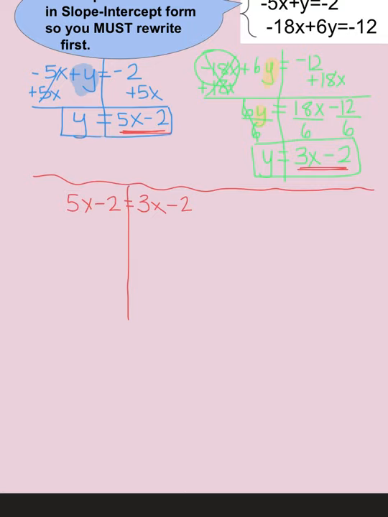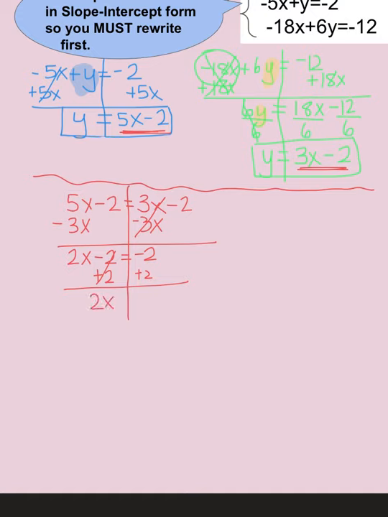All right, so I will follow my steps for equations with variables on both sides, which is move the 3x to the left, subtracting 3x, and subtracting 3x here as well. 5x minus 3x is 2x minus 2 equals negative 2. Add 2. Now remember, if you don't remember these steps, refer to your notes in your digital notebook on equations with variables on both sides.